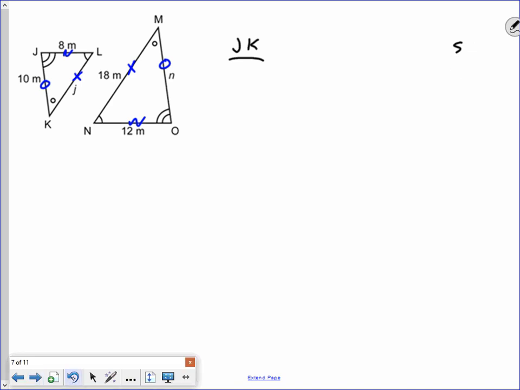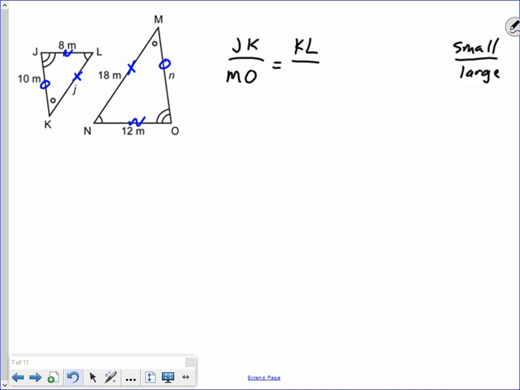Let's try that again. Small over large. JK has the circle, so it corresponds to the one with the circle, which is MO.